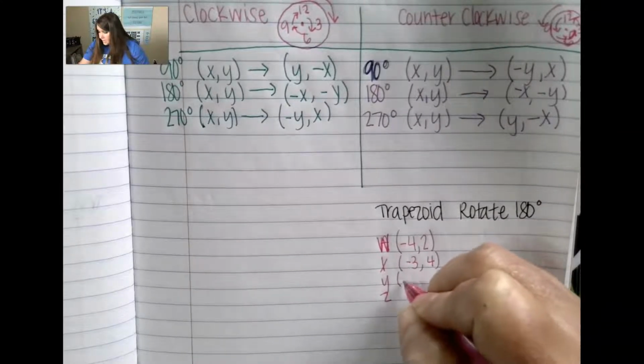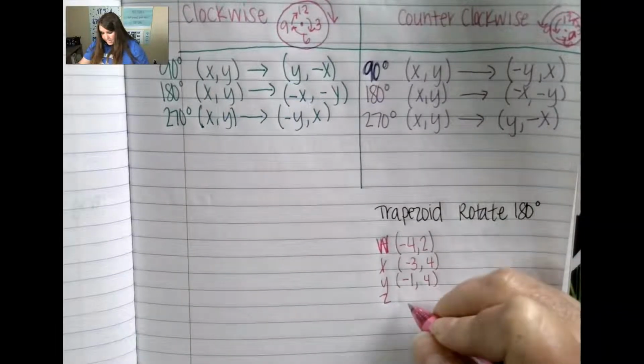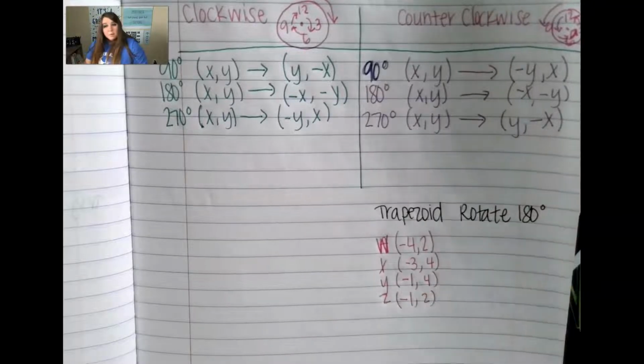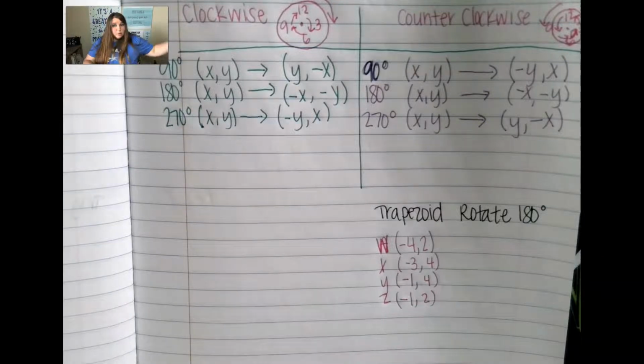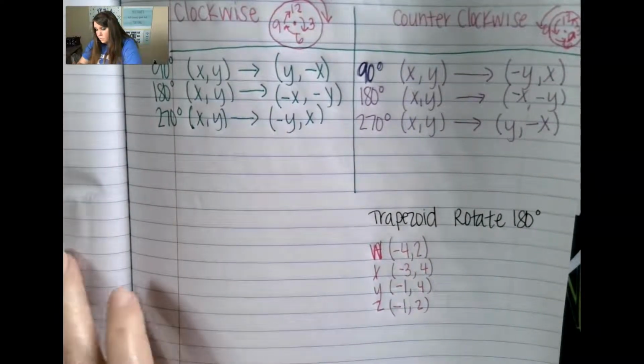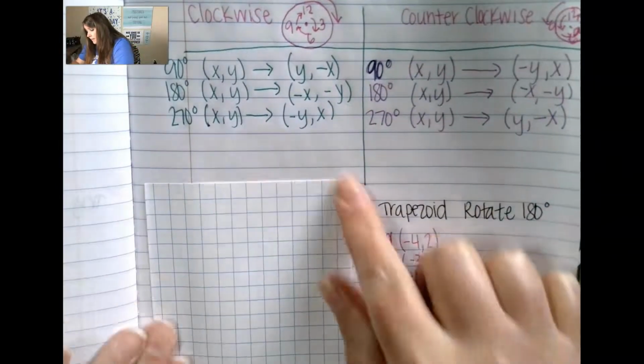Y is -1, 4. And Z is -1, 2. So there's our points. Let's go ahead and graph this trapezoid. So we're going to take our graph paper and we're going to graph the very first trapezoid right here. And then we'll transform it.